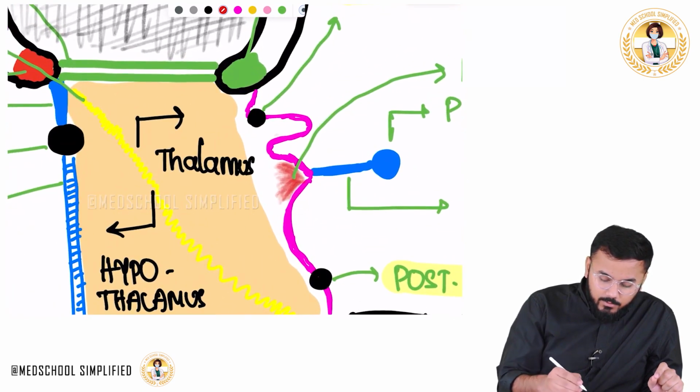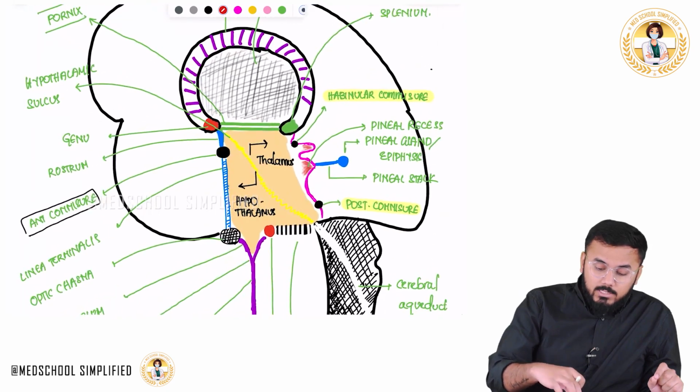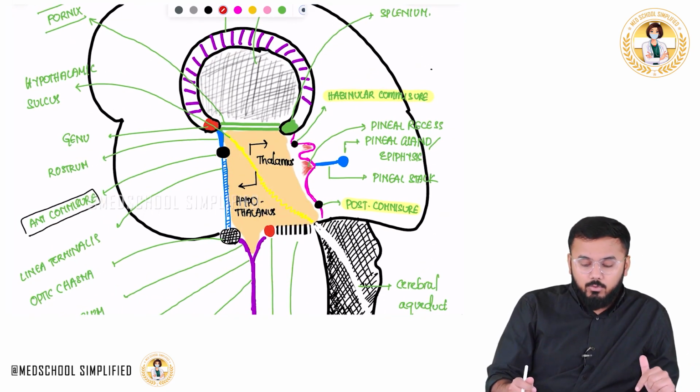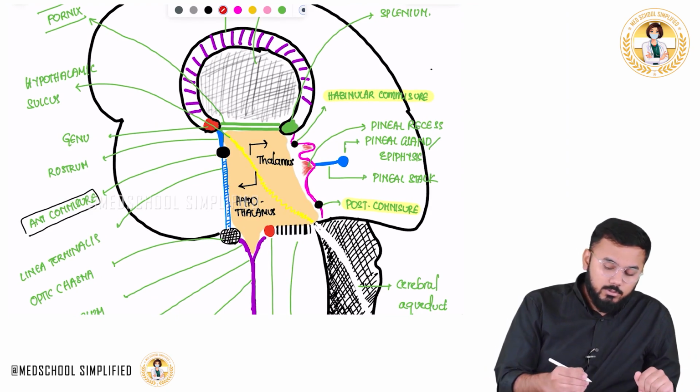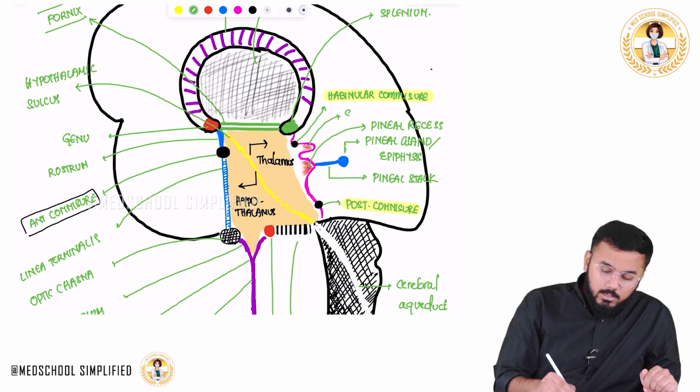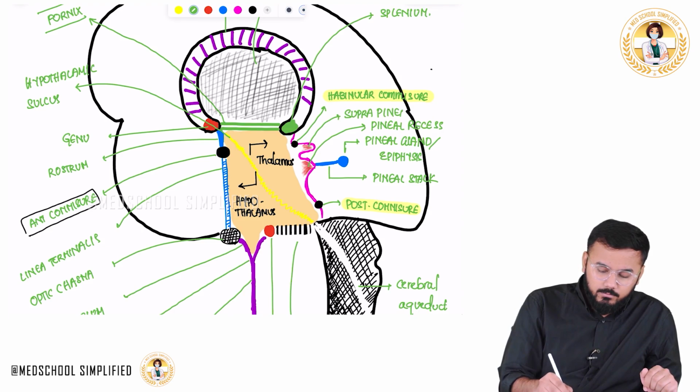Above this pineal recess, if you very carefully look, you have got another structure. Yes or no? So what is this recess called? Anything above is called supra to what? The pineal. So this is called the suprapineal recess.